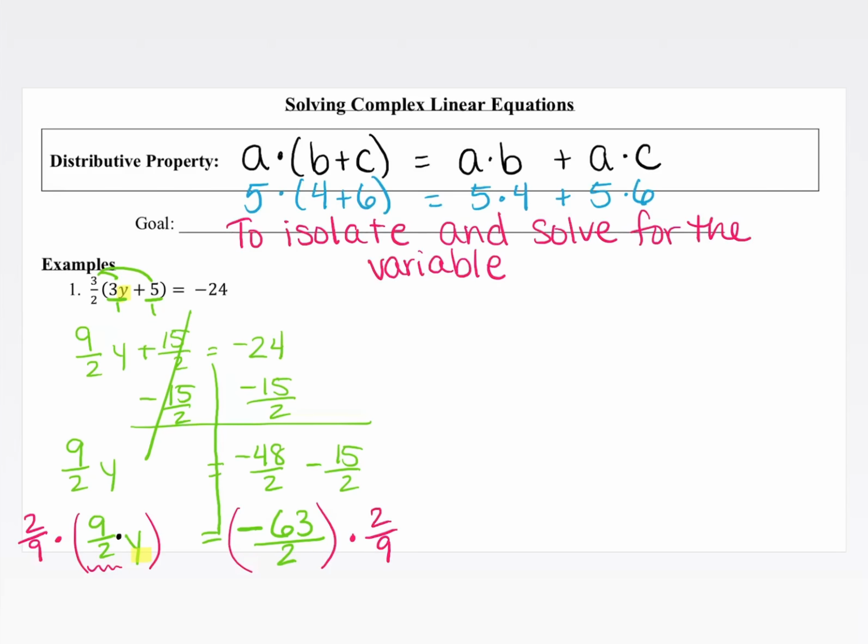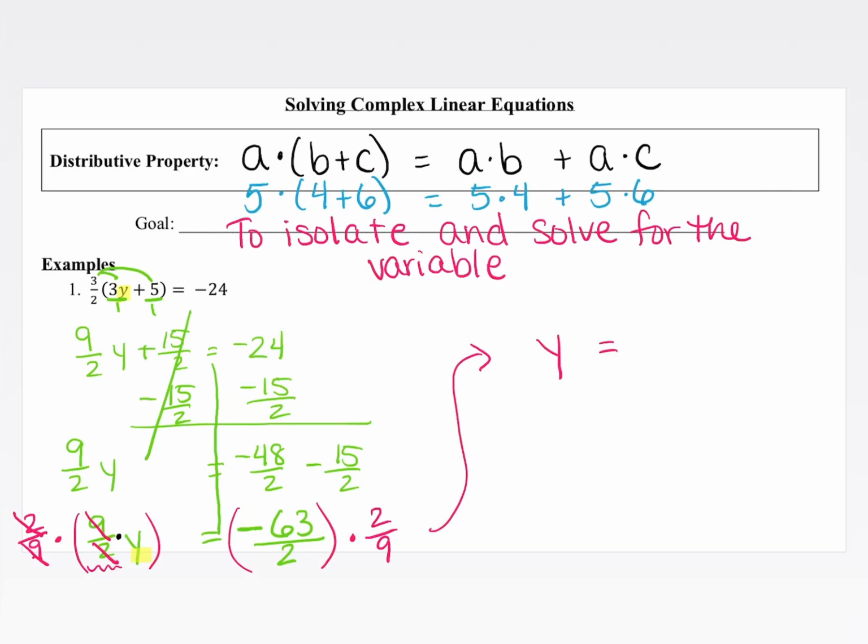Now if we go through and simplify, we'll have 2 times 9, which is 18, over 9 times 2, which is also 18. So that will simplify to just 1y. Or we see a 2 in the numerator, 2 in the denominator, that simplifies to 1. 9 in the numerator, 9 in the denominator also simplifies to 1. So we are left with y on the left-hand side.